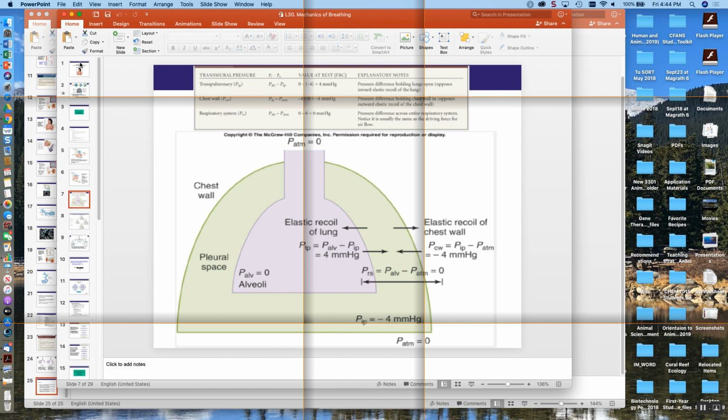If the alveolar pressure is +1, then air is going to flow out. So again, the formal definition is pressure difference across entire respiratory system. Notice it is usually the same as the driving force for airflow. All right, doing pretty well.